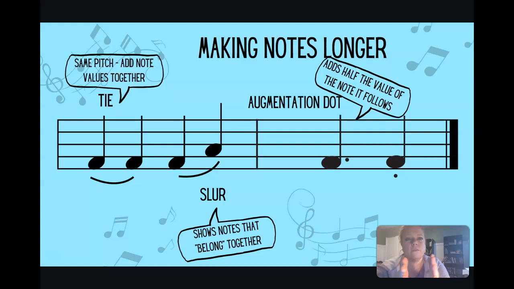So in 4/4 time, if I had a half note, that would be worth two counts. The dot would be worth half of two, which is one, and 2 plus 1 equals 3. If I have an augmentation dot after a whole note in 4/4 time, that whole note itself is worth 4 counts. The augmentation dot is worth half of 4, or 2, and 4 plus 2 is 6.